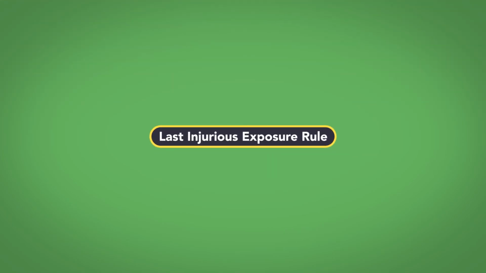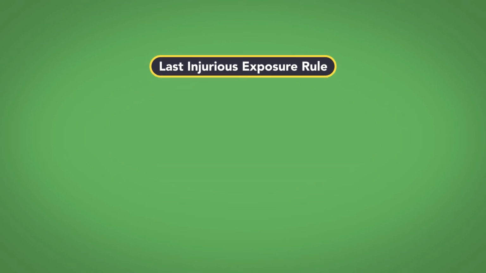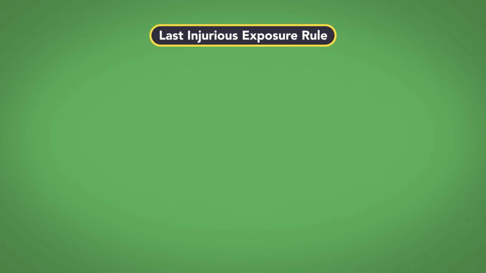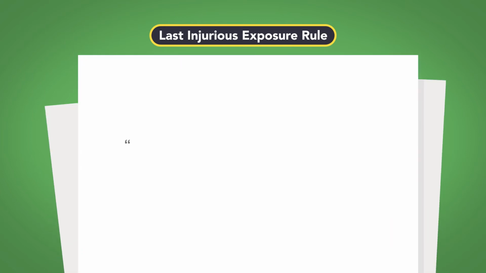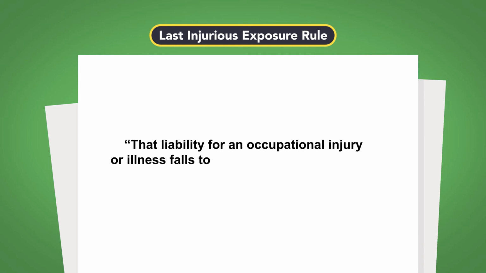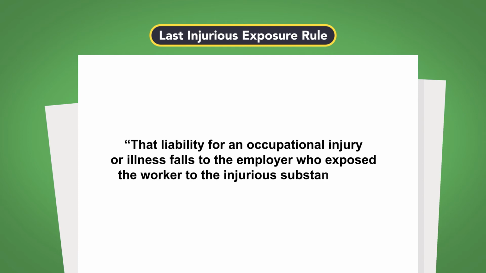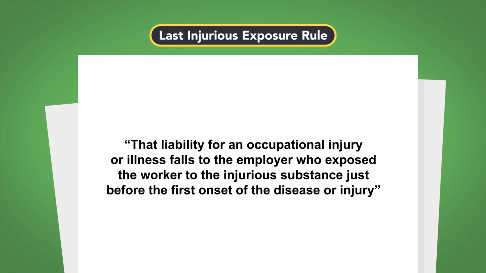Last injurious exposure rule. The last injurious exposure rule, also known as the last employer rule, states that liability for an occupational injury or illness falls to the employer who exposed the worker to the injurious substance just before the first onset of the disease or injury.